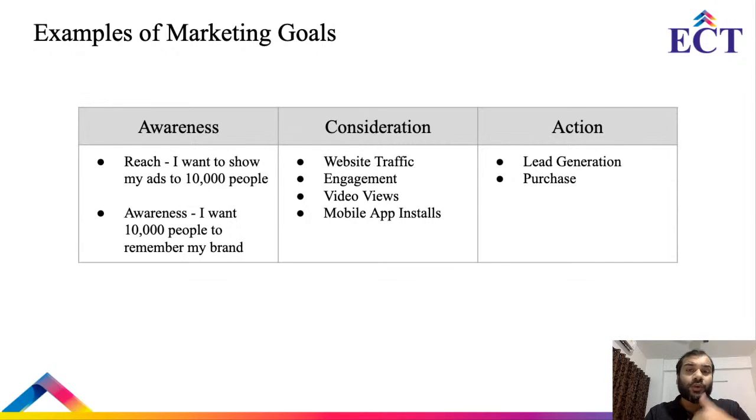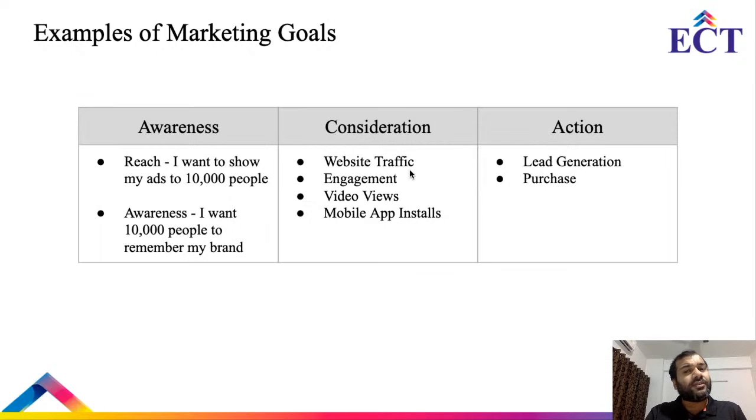Video views: I want 10,000 views on my video. The number that I'm speaking is a must. You need to set that clearly, and it should be measurable. Or, I want my mobile app to be installed by 10,000 people. That is a consideration-level goal.